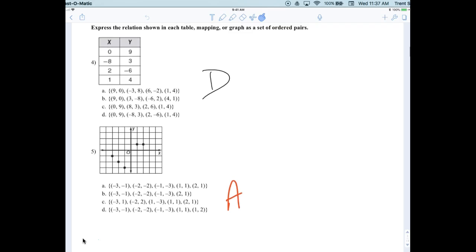4 is D. And 5 is A. Any issues? I got D. You got D? Yeah.